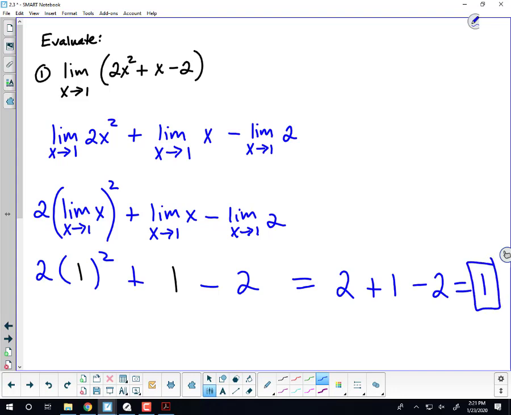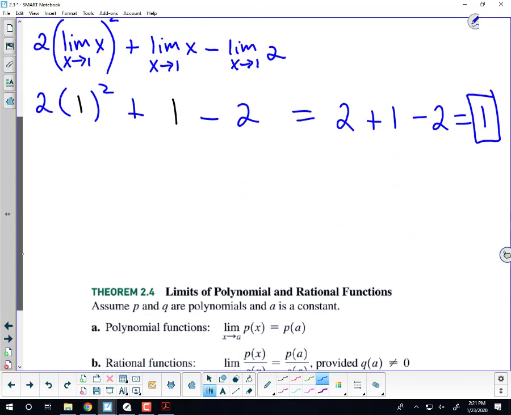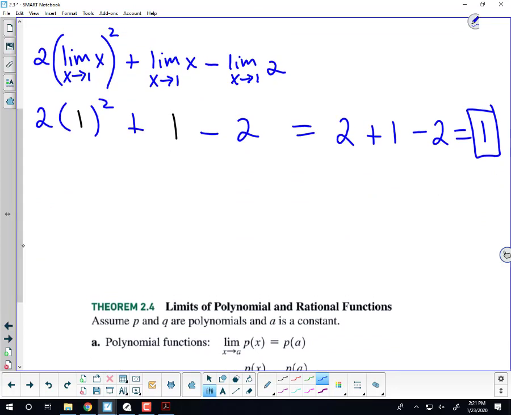Okay, so polynomial functions can be broken down by the limit laws to just limits of linear functions. And again, linear functions can be evaluated by direct substitution. But what we're seeing here is that this is the same as just plugging in x for the original function without breaking it down piece by piece.